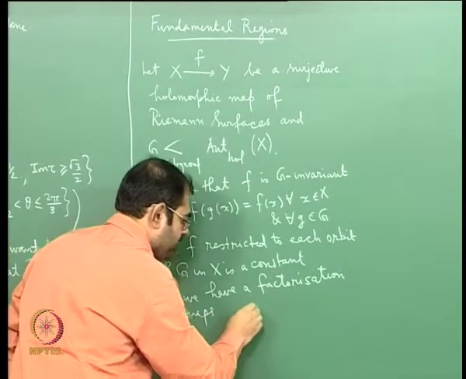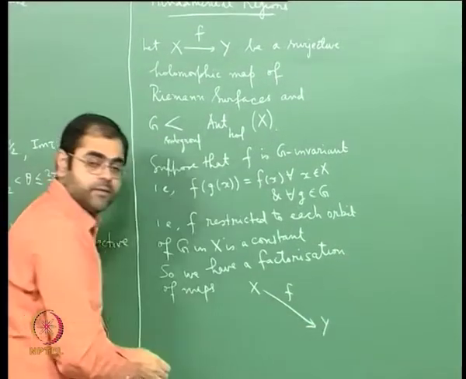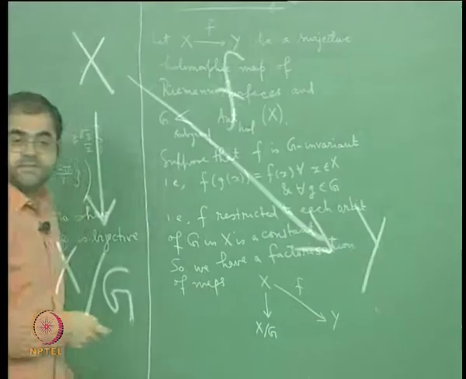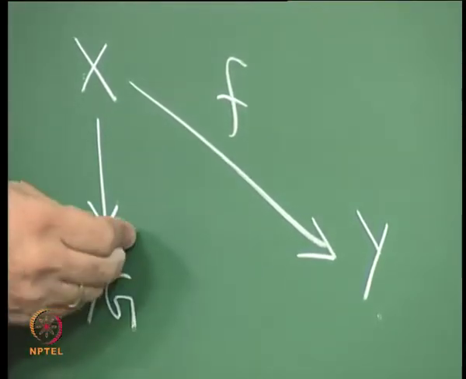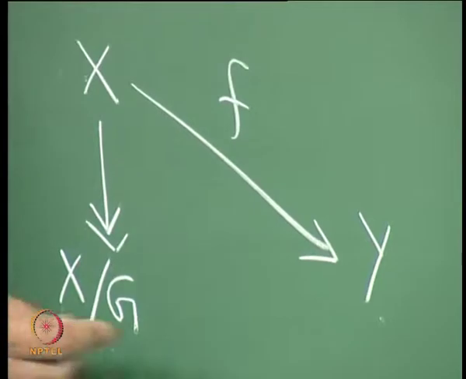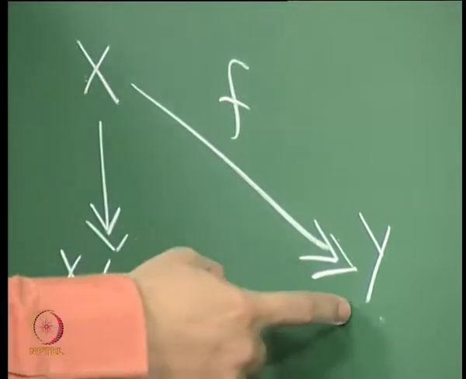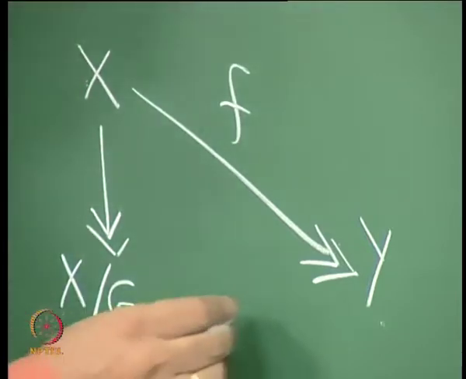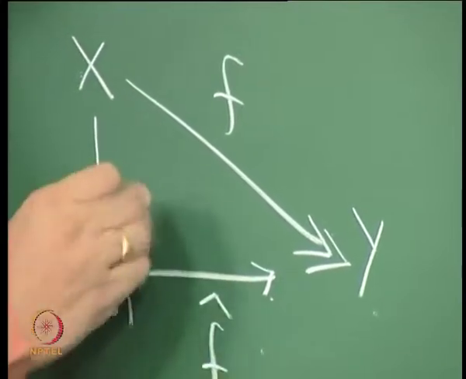You have X, F from X to Y, and you have X to X mod G. X mod G is the set of orbits of G in X, and this is the natural map. I put a double arrow because this is just the surjection onto the set of orbits, and F is also surjective. So the fact that F is constant on orbits means that F goes down to a map like this. Maybe I can call this F hat.